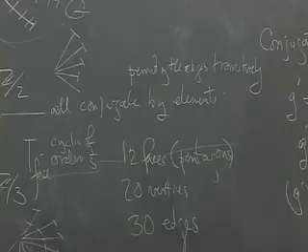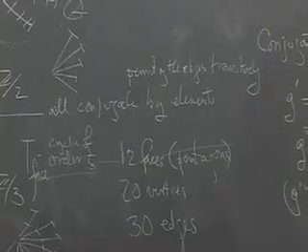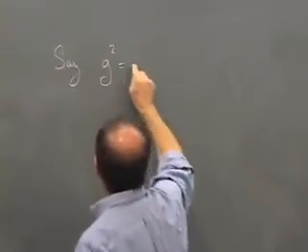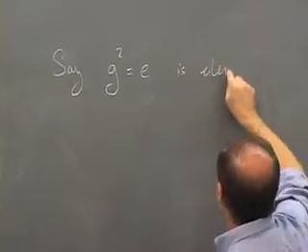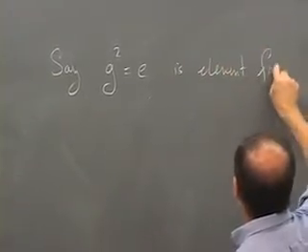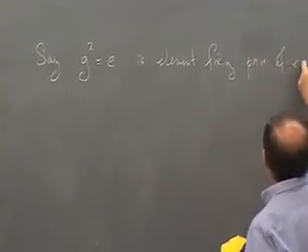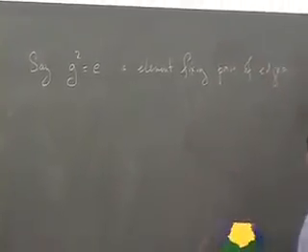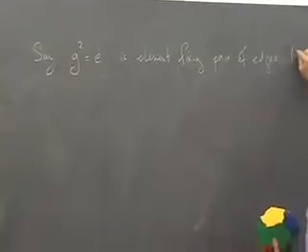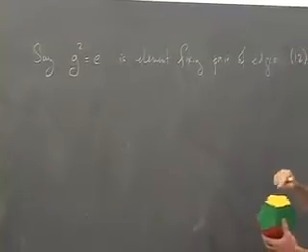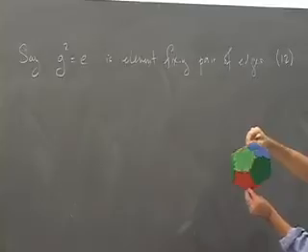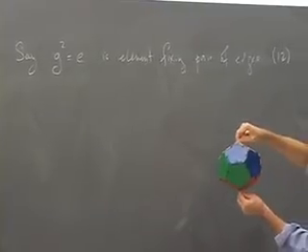Say g squared is equal to identity, g an element fixing a pair of edges, we'll call opposite edges, I don't know, we'll call it 1, 2, something like that. Opposite edges, 1 and 2. Okay?